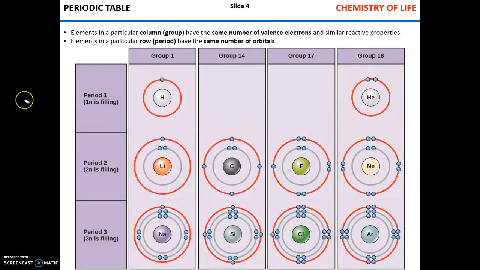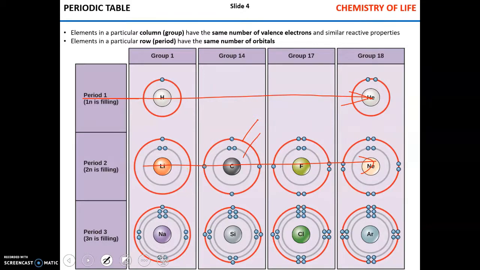Now, elements in the same period have the same number of orbitals. 1 for period 1, 2 for period 2, 3 for period 3. This will also determine how reactive the valence electrons are.